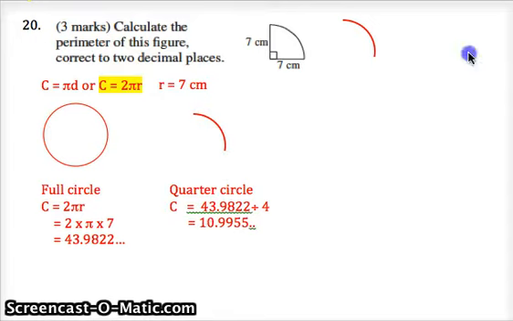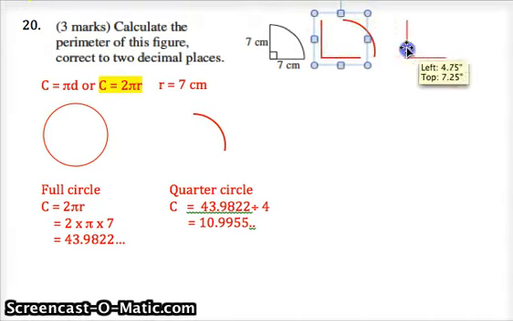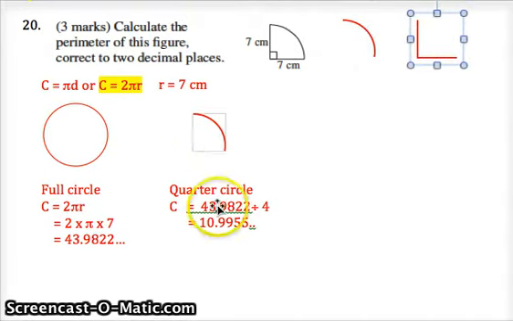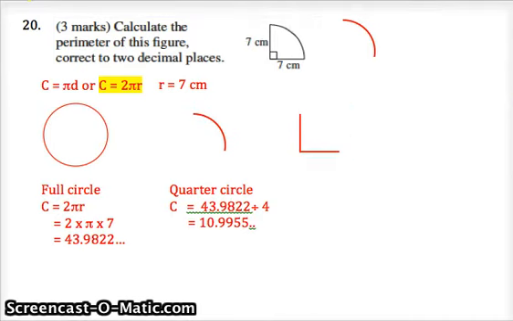But we can also see really what is this shape made up of. If I move this over here, it's not the exact perfect size, but really the shape is made up of that curved bit, which is there, and the 2 straight line bits. So I'll just leave them up there. So I now need to work out what my straight line bits are. So I'm just going to write them in there, and we can see that they're both 7 centimeters.